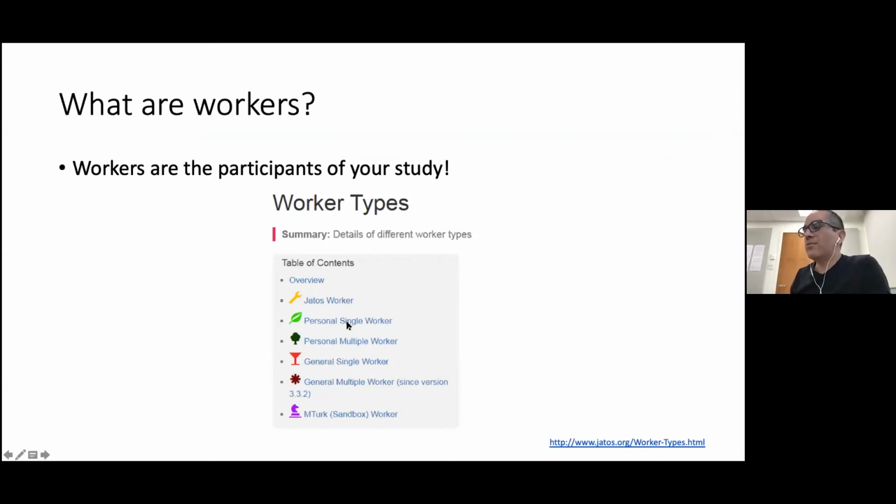Single means that when you click on the link, it only works once. If you click it twice, it's not going to work again. But if you have multiple, it works many times, or an infinite number of times, I would say.